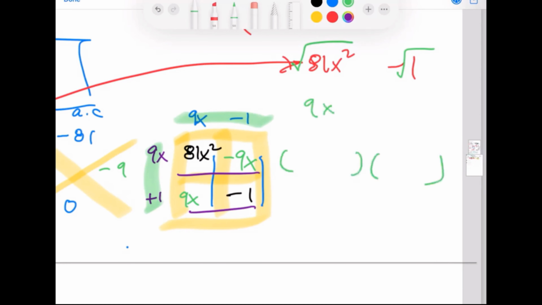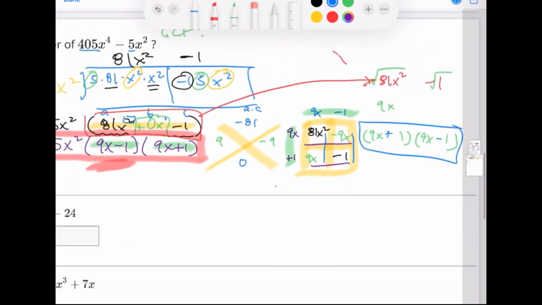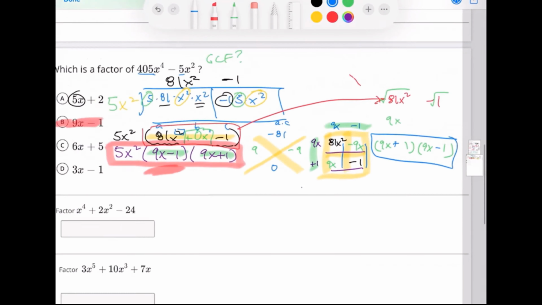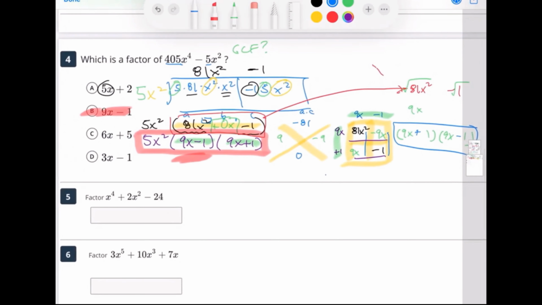So you'll put 9x, 9x, and the square root of 1 is 1, and then you'll just make one plus and one minus. And so this is the same thing as what we did in the x box. So it's a different method. It's hard to figure that one out when you kind of see it. You can take the subtraction sign and then they're both squares.